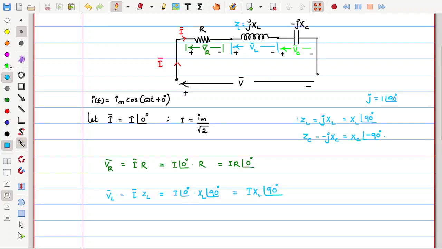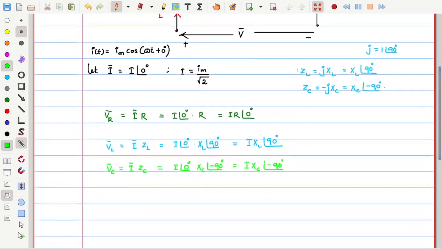Now similarly, let us find the voltage across the capacitor also. VC is equal to I times ZC, since the same current passes through the capacitor also, which is I at an angle of 0 times XC at an angle of minus 90, which is equal to IXC at an angle of minus 90.